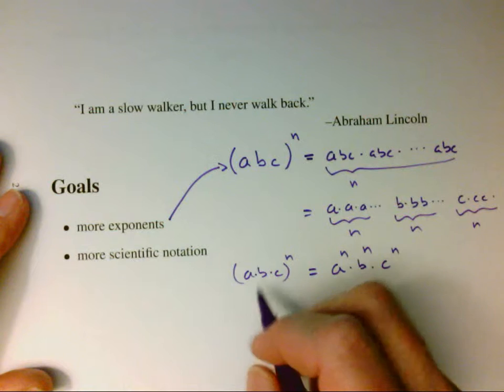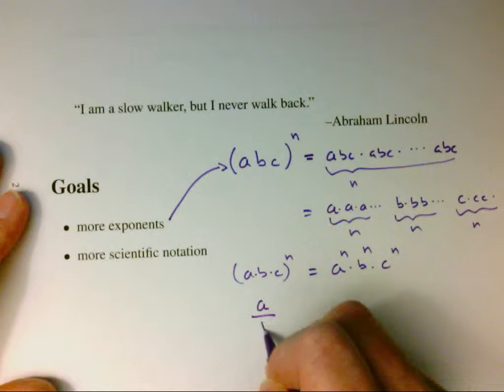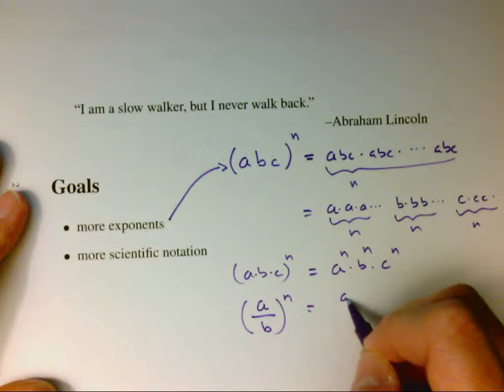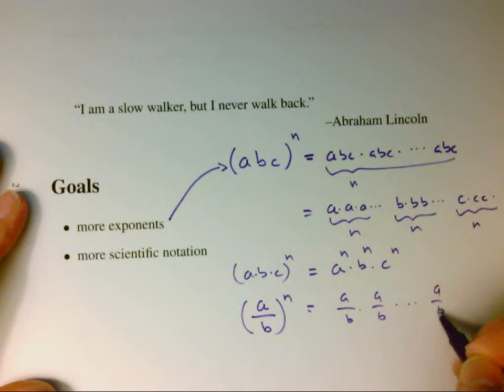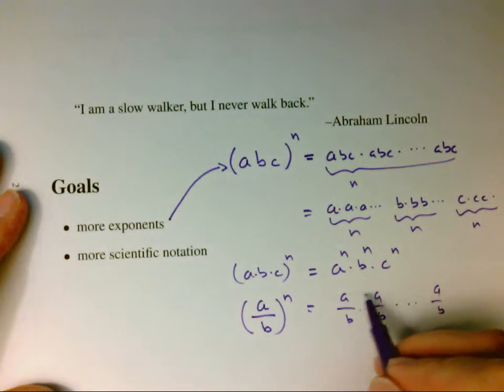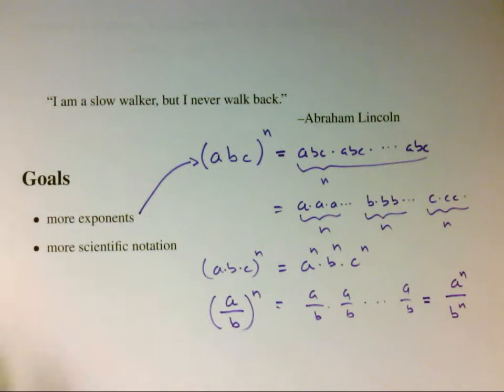Likewise, if we have a over b all to the n power, well, that's a over b times a over b times a over b. So when you multiply across the tops and bottoms, you get a to the n over b to the n.